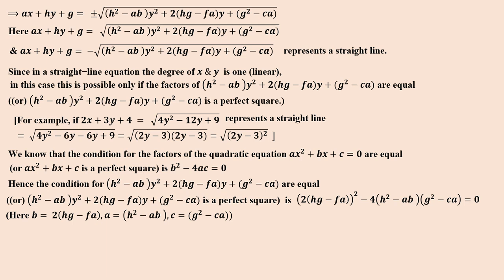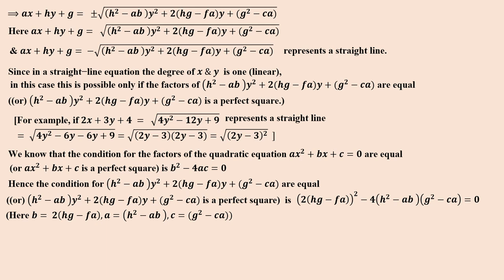So the condition for the quadratic equation h square minus ab y square plus 2hg minus fa y plus g square minus ca is having equal roots. Equal roots means the roots, or the factors, are perfect square. We are talking about only perfect square, and equal means the factors are equal factors or perfect square factors, right?